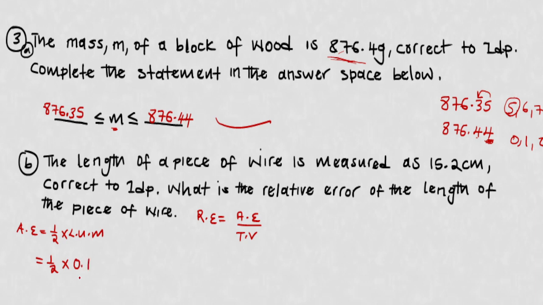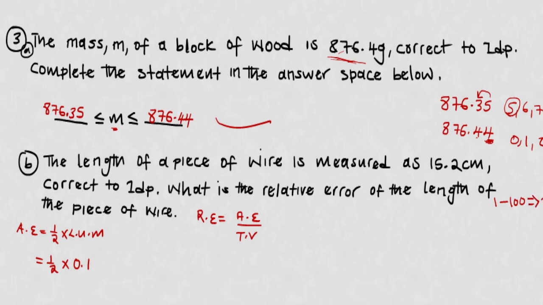I know some of you might have challenges on this one, so let me give you this scenario. Any number that doesn't have a decimal point, whether from 1 all the way up to 100, or even more than 100, any number at all, its least unit of measurement is 1.